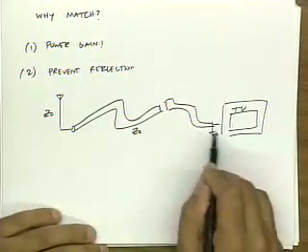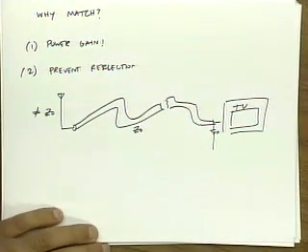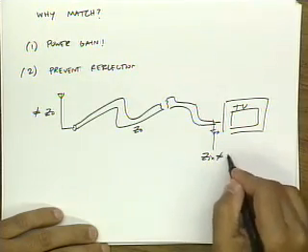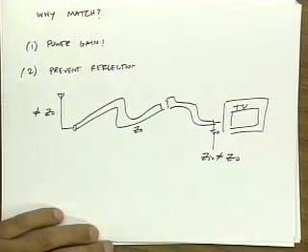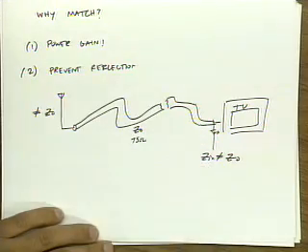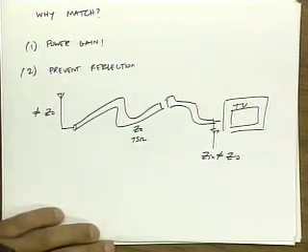But to make this meaningful, let's say that Zin of your television is not equal to Z0. Let's say this is a 75 ohm cable, and your television is designed for 50 ohms. Let's just say the designer made a mistake.